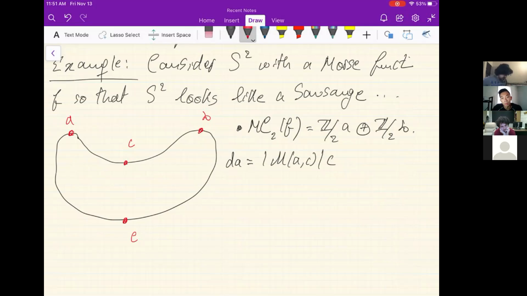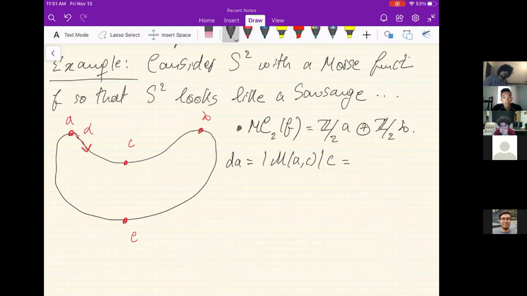I think of flow lines as something moving with gravity along the surface. So I only have one up to parameterization from A. Let me denote this by alpha. So I only have one direction.